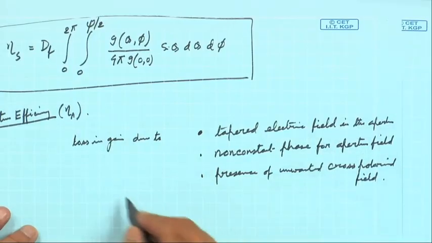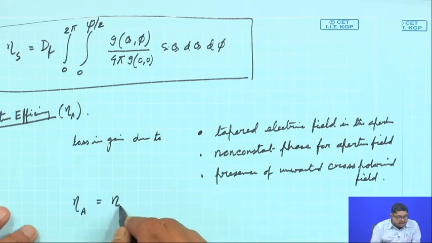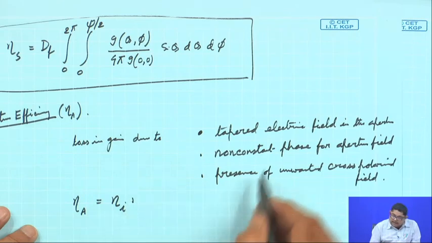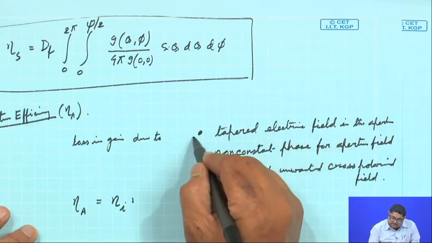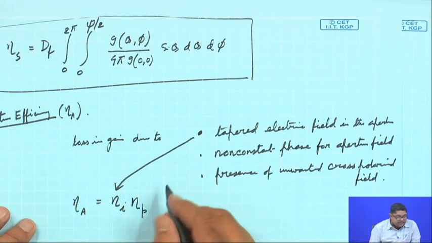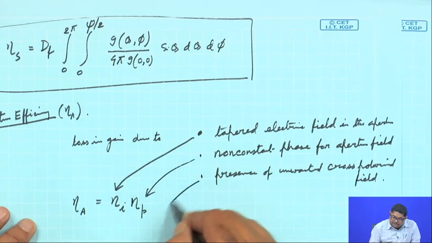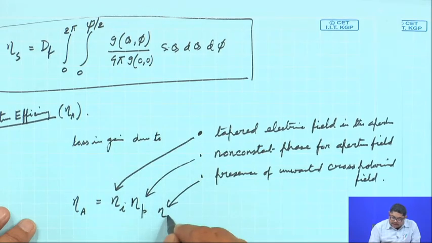Actually this expression is available or it can be derived, but I won't do that because that will be more mathematical in nature. So, I can write eta a is eta I, this is called illumination efficiency, then non-constant phase is phase error efficiency, eta p, and the cross polarized thing is eta x.